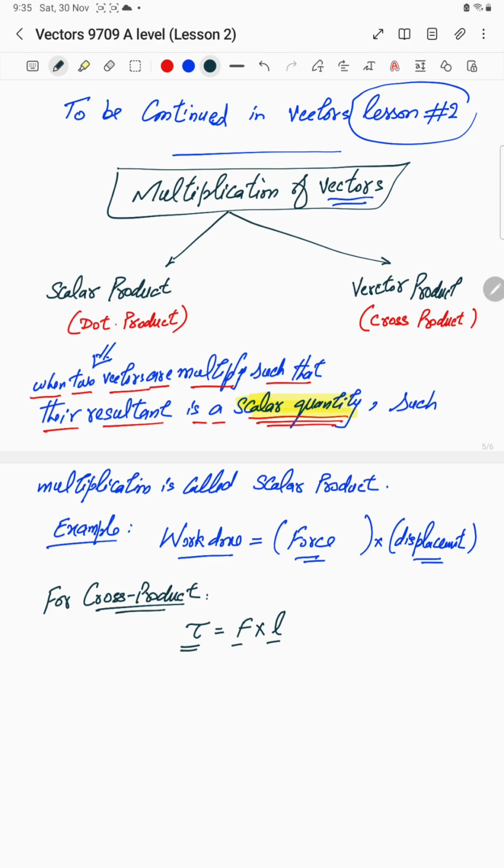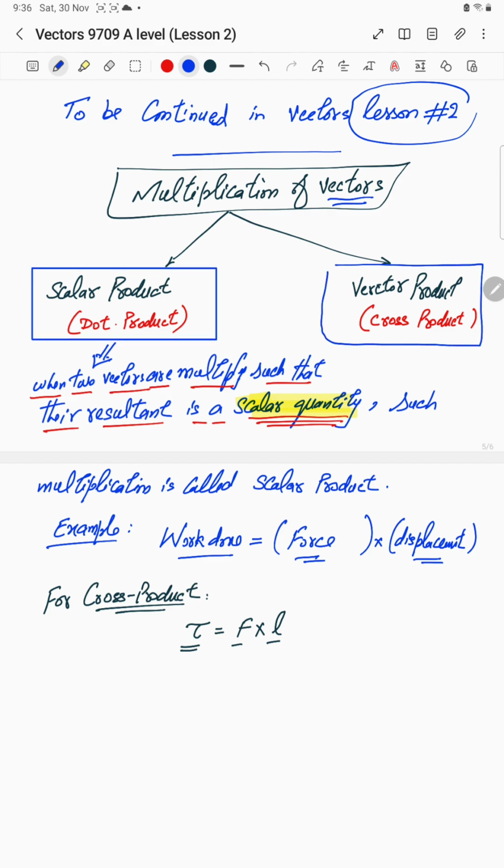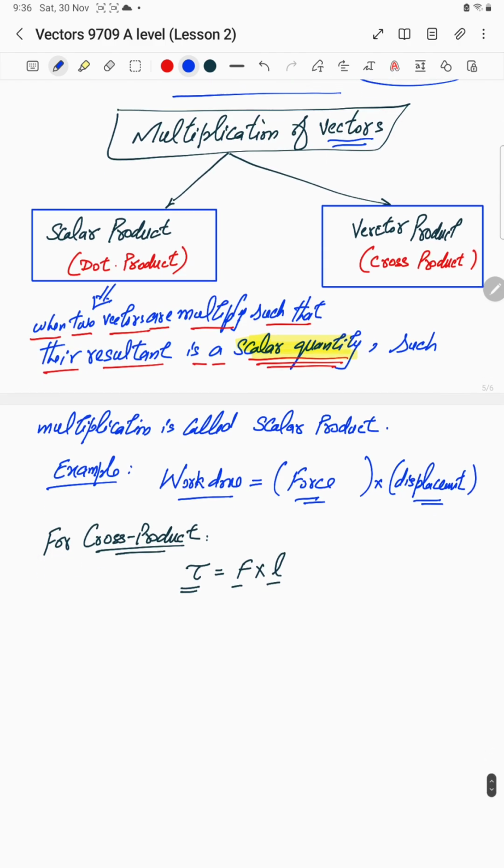This is the best example of a cross product. The cross product for the A levels has been almost removed, but a few concepts we will discuss over here. We will prefer to move with the scalar product, that means dot product, because cross product is no more part of our syllabus.